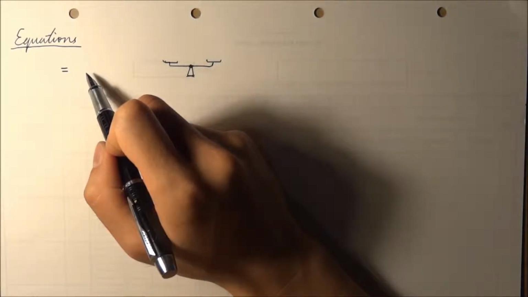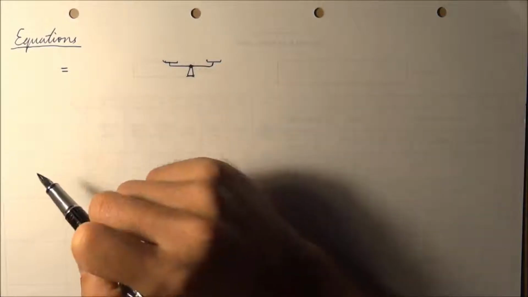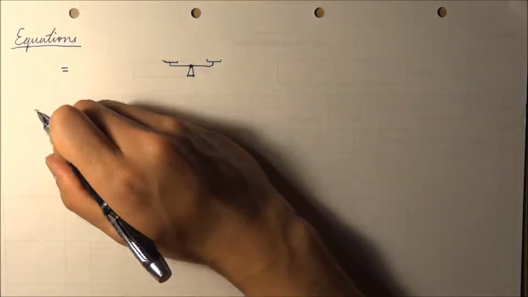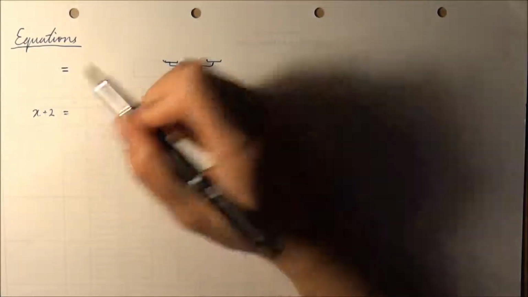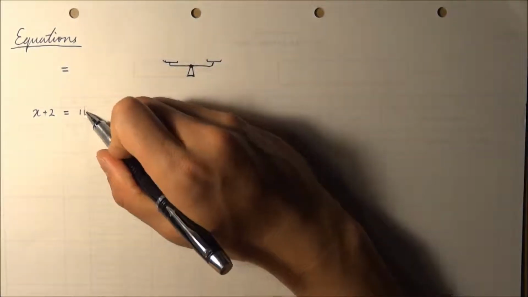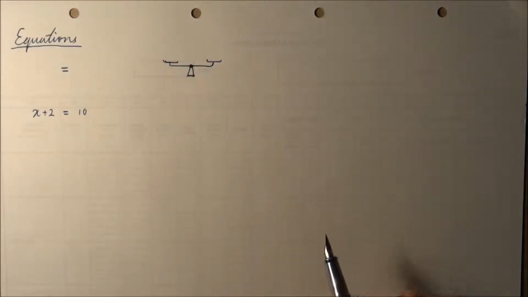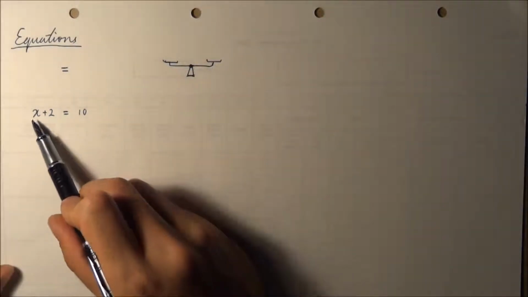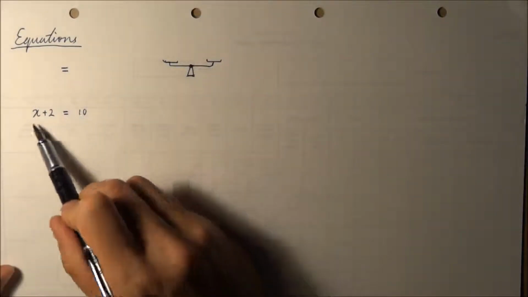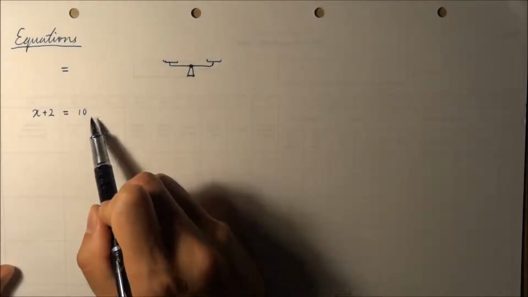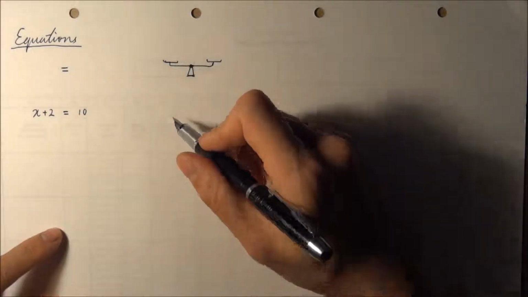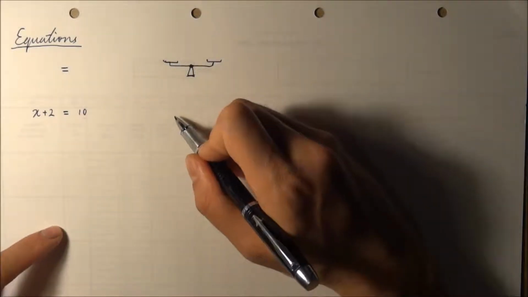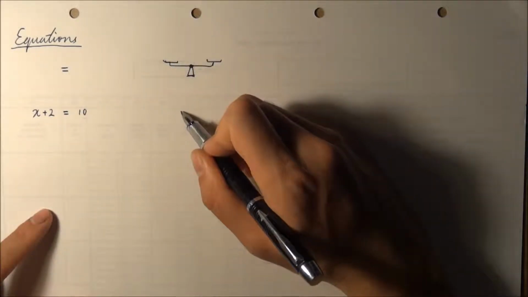For example, let's say x plus 2 equal to 10. It just means that everything here is equal to everything here. So x plus 2 is the same weight as 10, if you want to say that.